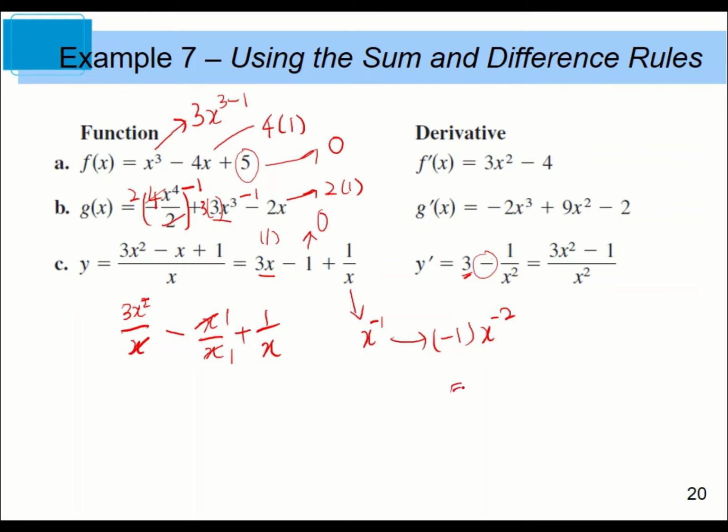So we get negative 1 over x squared. We change x to the power of negative 2 to 1 over x to the power of 2. From here, if we make the denominator the same, we have 3x squared minus 1 over x squared.